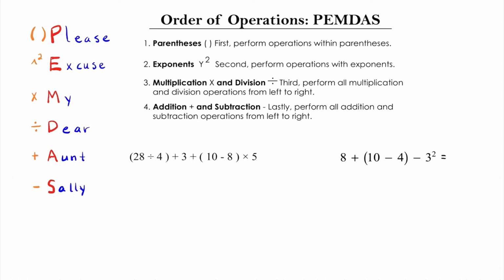The acronym that we need to remember is PEMDAS, P-E-M-D-A-S. Each letter represents something that we're going to do, and we're going to do it in this order. P represents parentheses, E is exponents, M is multiplication, D is division, A is addition, and S is subtraction.